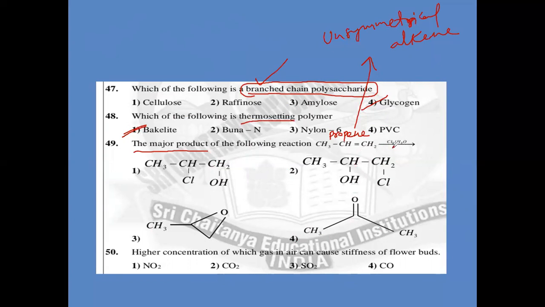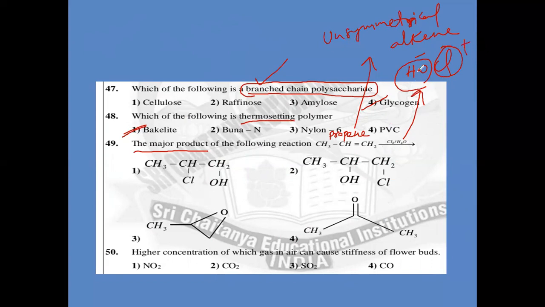We are adding chlorine water, Cl2 in water, which gives HOCl, hypochlorous acid. In this, OH minus and Cl plus.